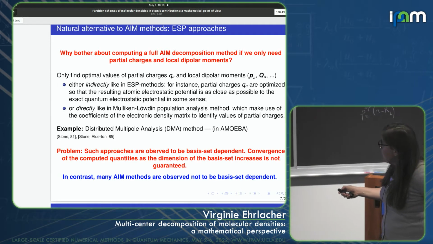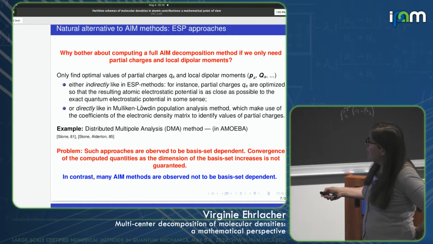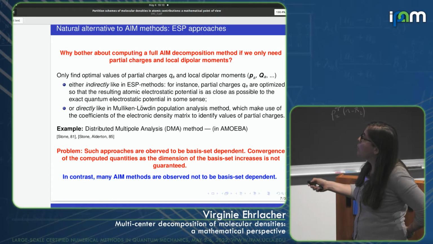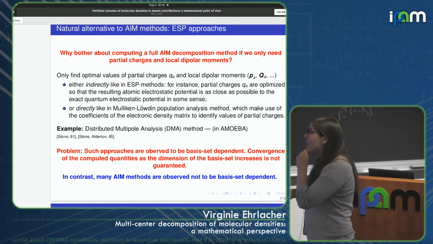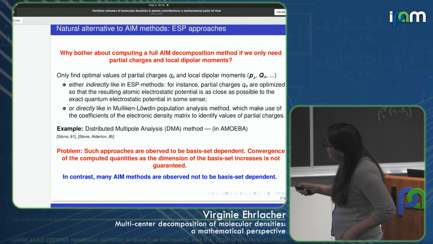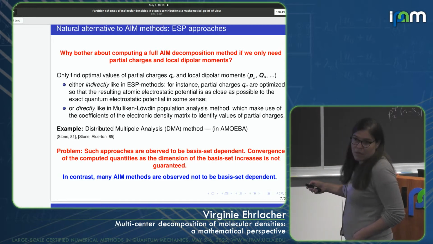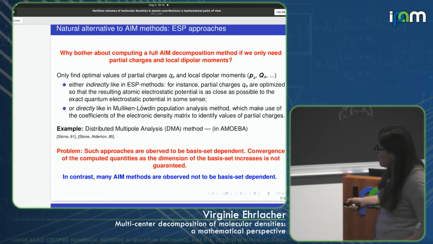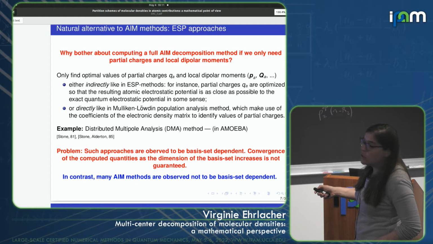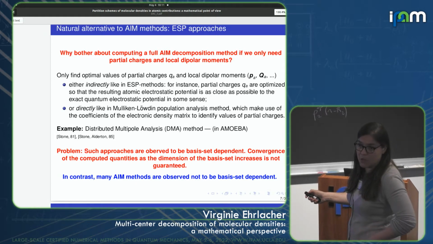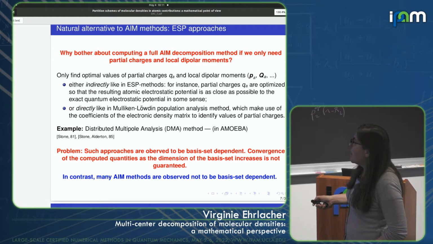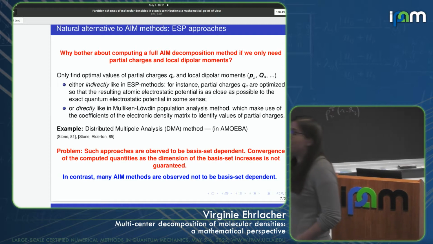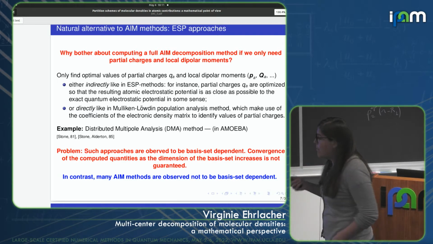In the AMOEBA code, the method used to compute these is the so-called distributed multipole analysis method, which falls into this kind of direct approaches. What was observed with such approaches, which avoid computing AIM decompositions, is that they are quite basis set dependent. What do I mean by that?